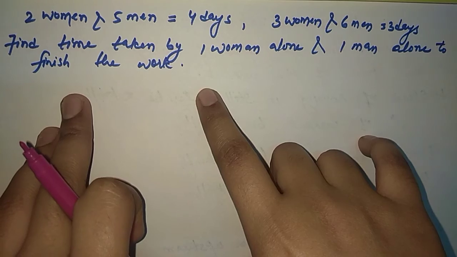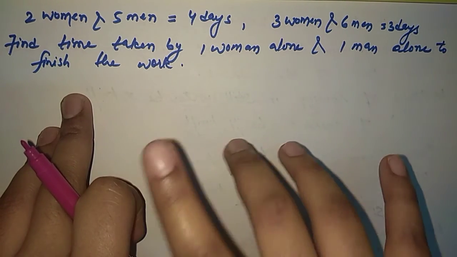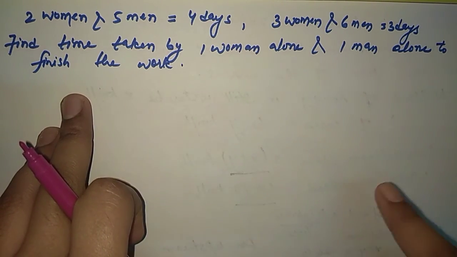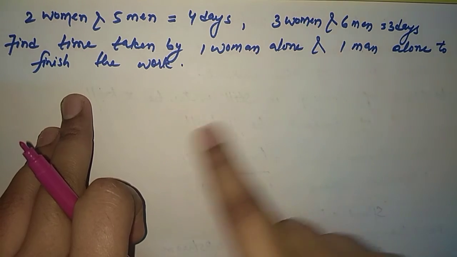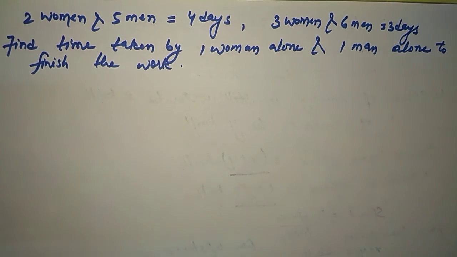Find the time taken by one woman alone to finish the work and also that taken by one man alone to finish the work. So we need to find how many days she will take to finish the whole work, and one man alone to finish that same work. So as I have told you earlier, first let what you want to find.